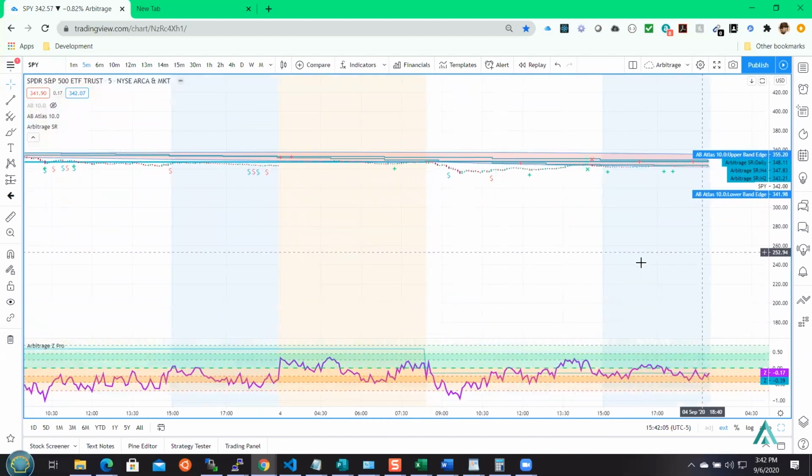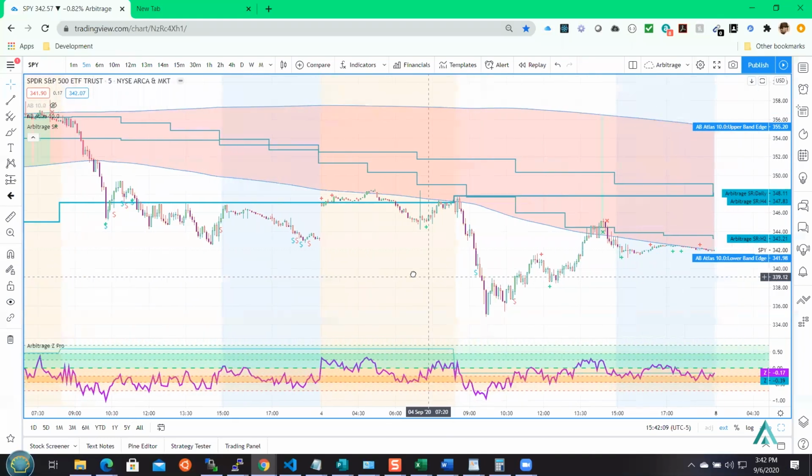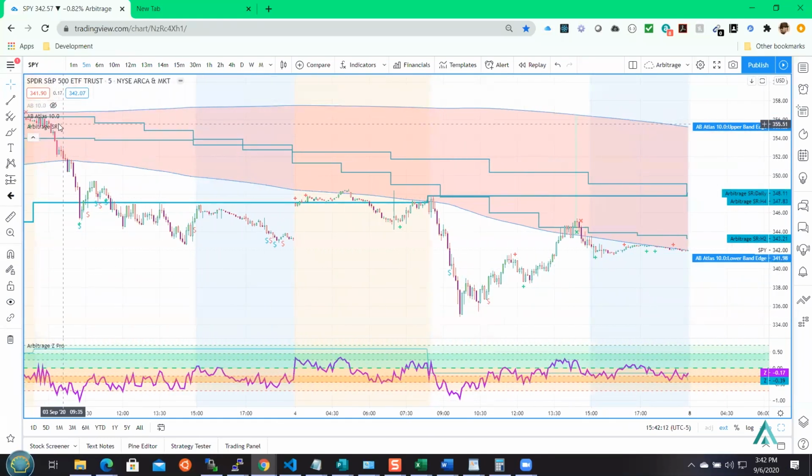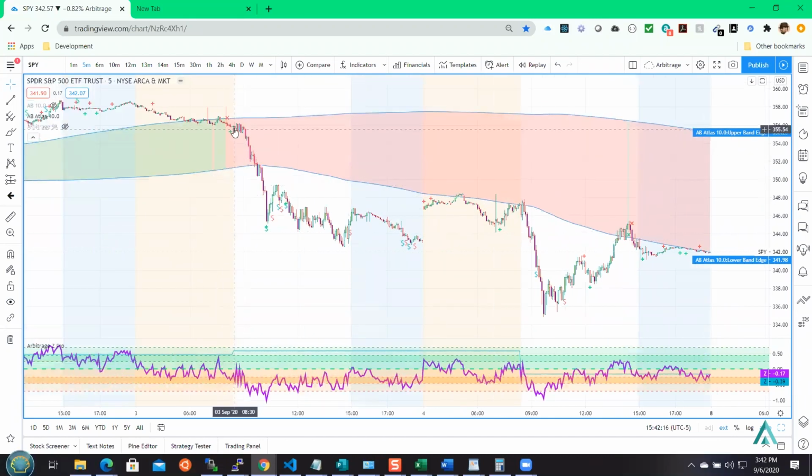So this is if you're following. Let me reset. Make charts a little bit more readable, right? Turn off SR, just for sanity's sake. So it went red. So you should have been playing down to begin with. And the 5-minute chart saw it way before any other chart saw it. So you saw it.